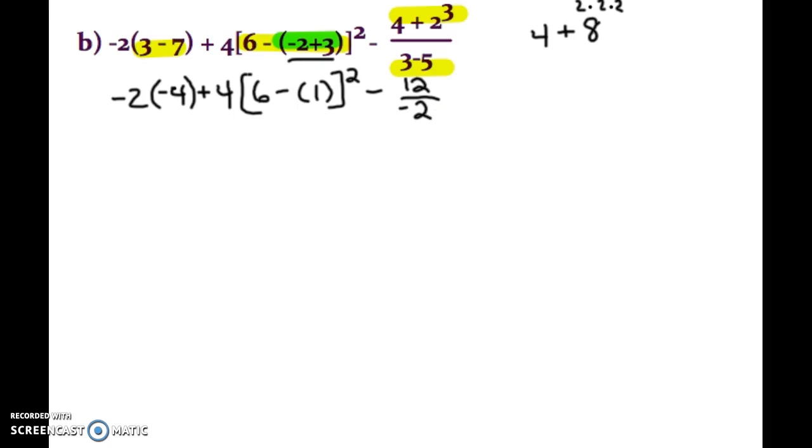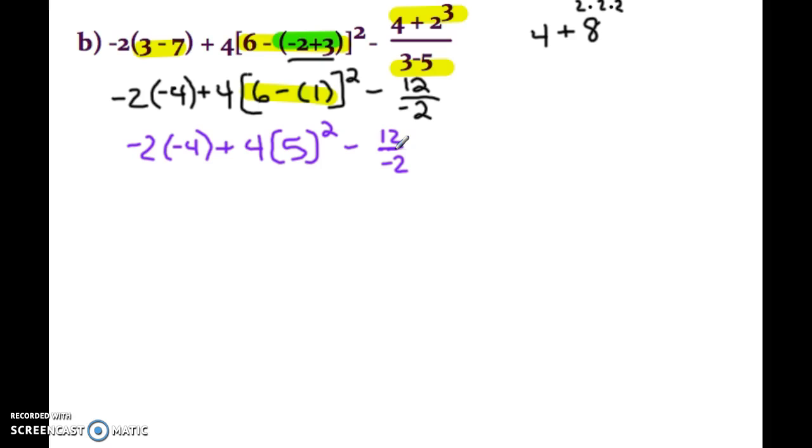Going to my second step, you'll notice again, I still have some grouping symbols because I didn't take care of that one yet. So I'm going to do that. And I'll write 6 minus 1 is 5. And so I have 5 here squared. I'm going to start pulling everything else down. So negative 2 times negative 4 plus 4 times 5 squared minus 12 divided by negative 2. All right. Now I'm ready to do exponents.